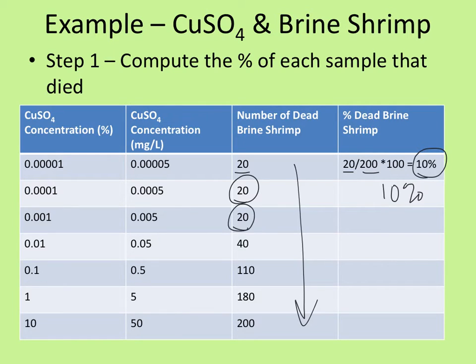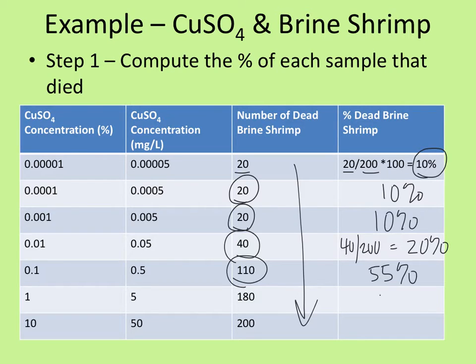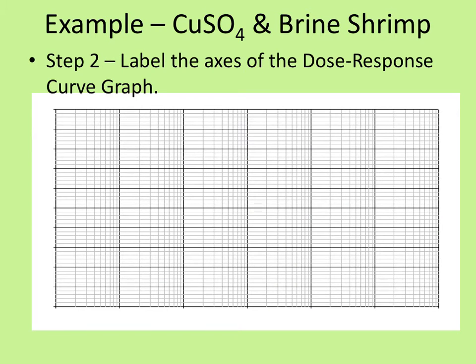This one also is 20, so that's a 10% mortality rate. 40 is 40 divided by 200 times 100, which would equal 20%. 110, you're going to take 110 divided by 200 times 100, that will be 55%. Here is 90%, and here all 200 died, so that means you have 100% mortality. That's your step. Figure that out first.